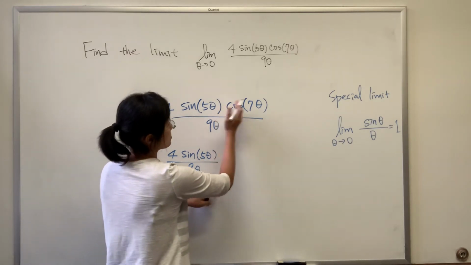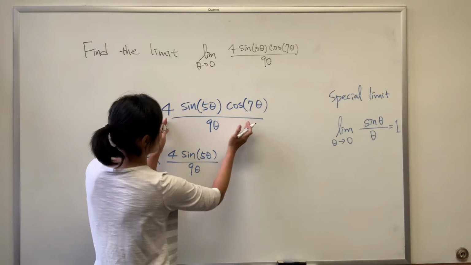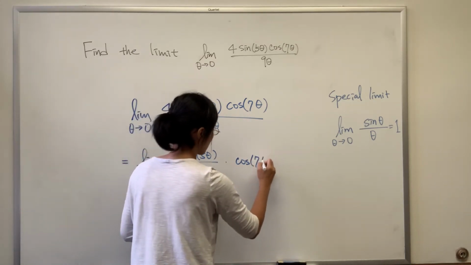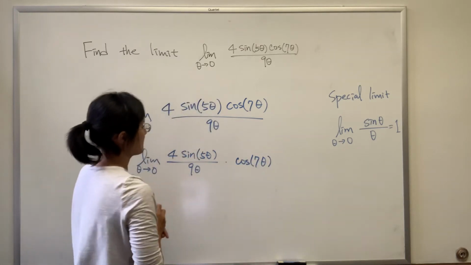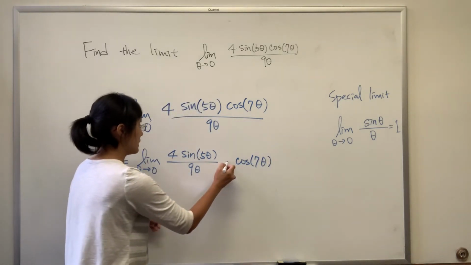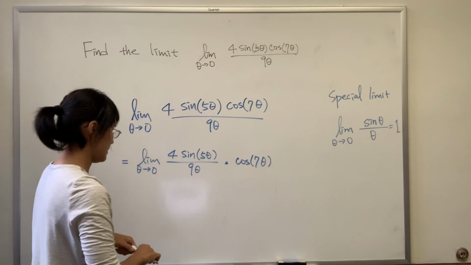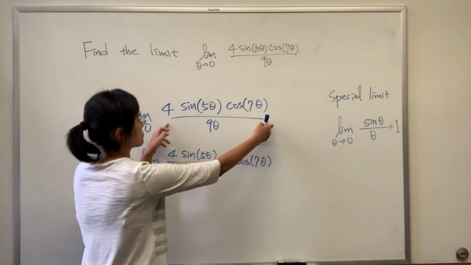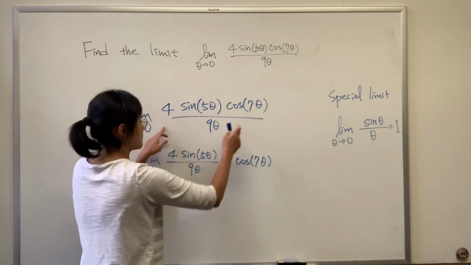And I can just say this function is equal to this guy times cosine 7 theta. Okay, so I write them separately as opposed to in one big fraction.